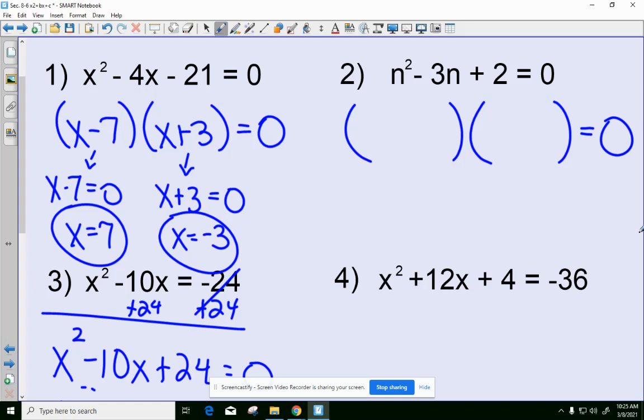Multiplies to a positive 2. Not a whole lot of options there, right? Trent, you got an answer or a question? Well, I didn't know if you were trying. Yeah, if you're ready. You got the first one? Okay. Well, first of all, what do you think multiplies to a positive 2 and adds to a negative 3? Negative 3. That multiplies to 3.